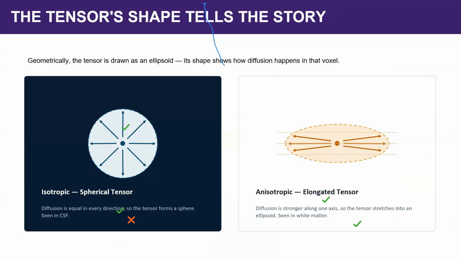Normally, if you evaluate, for example, a ventricle, you have diffusion equal in all 3 directions, so we have a spherical tensor. It's quite different when you have anisotropic water movement, because these tensors will be elongated. So they have one main direction of preference. It is normally the case in general for white matter.